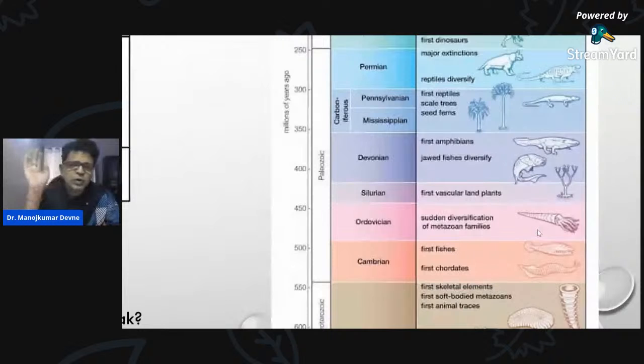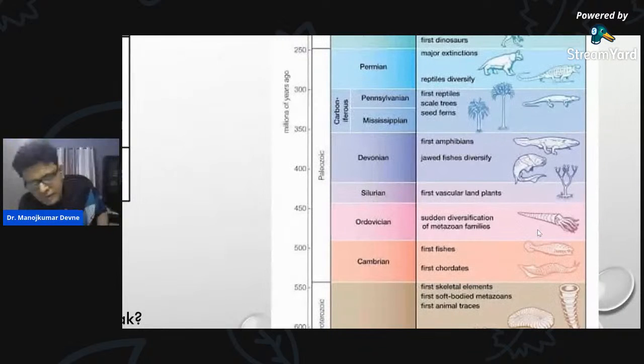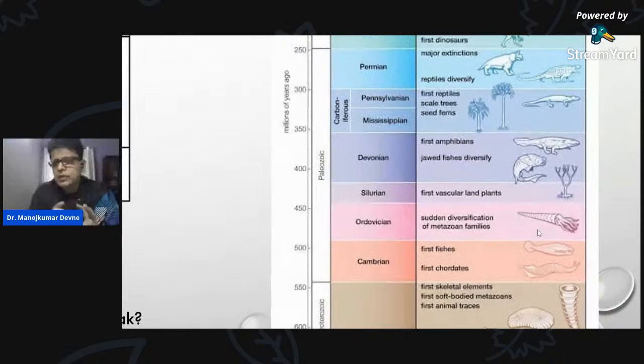It's not a geometric or a mathematical division. These divisions are based on some striking discoveries that came up with the use of technology at that particular point of time. And that is why it's very interesting to see how the scientists went about setting up the whole scale of the geological time scale.